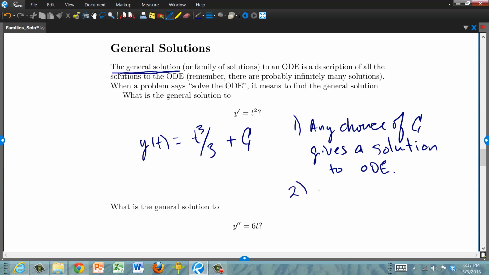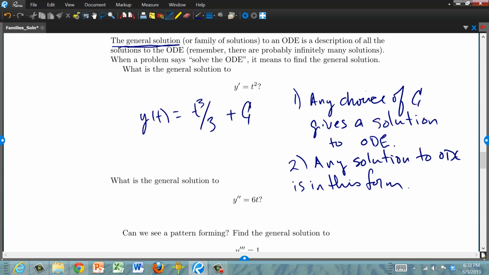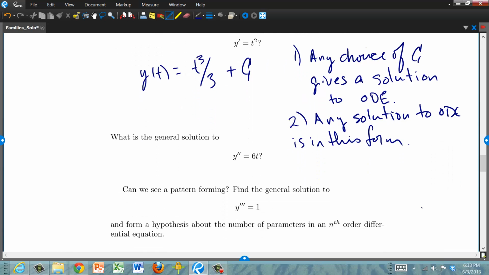And two, any solution to the ODE is in that form. So it means it is definitely t cubed over 3 plus c for some choice of c. In this case, c is called a parameter. You can choose it any way you like. You still get a solution.